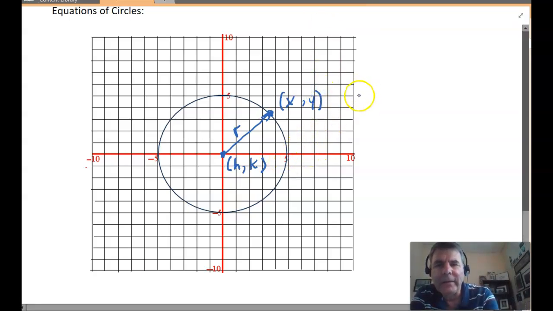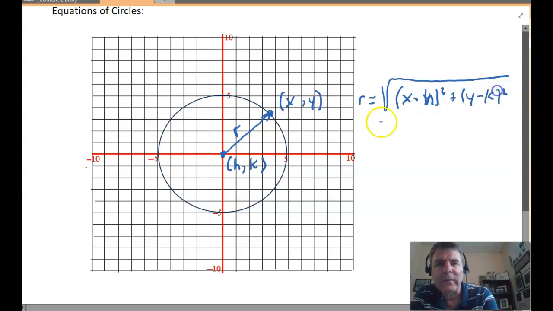Okay, then applying the distance formula, r is equal to the square root of x minus h squared plus y minus k squared. And when we're talking about circles, we square both sides to get rid of that square root.